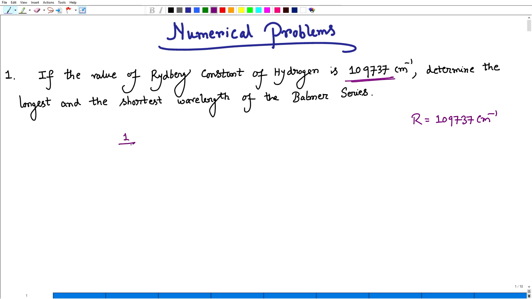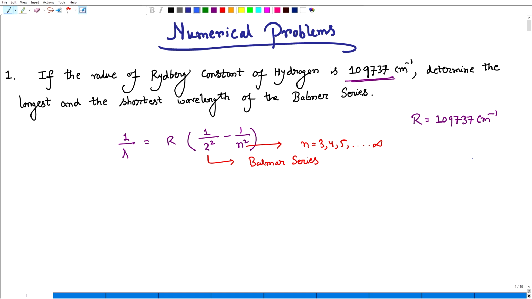We know 1 by lambda is equal to R into (1 by 2 square minus 1 by n square). Why is this 2? Because they asked to calculate for the Balmer series. And n is actually variable here. It should be 3, 4, 5. In principle, it can go up to infinity.